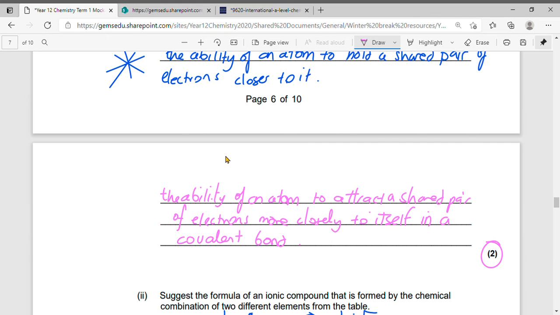So that's quite important. In fact, I will highlight it. Just one moment. Alright, so let us carry on.